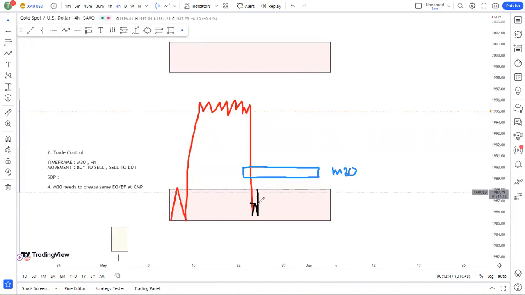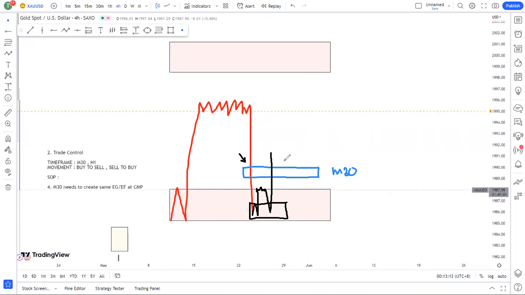So when the price gets into the zone, at first it creates a trade control. As I said, when the price creates a trade control, what is going to happen after that? The price is going to respect the zone, right? So respecting the zone, boom, goes up, and then it fails this zone. What is going to happen after that?